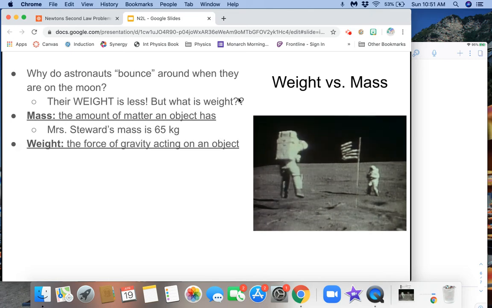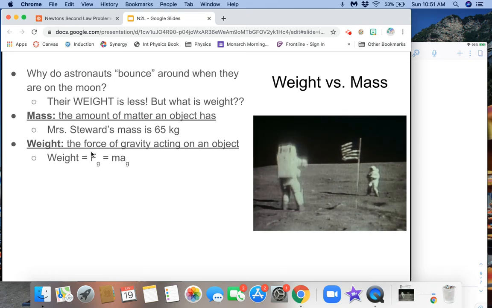Science jokes. Now, on the other hand, weight is the force of gravity acting on the object. So just like we were doing with that cat and we found the force of gravity acting on the cat, really what we just did is we found the weight of the cat. Okay, and so you can see that this is actually going to depend on the acceleration of gravity of the planet that that object is on.